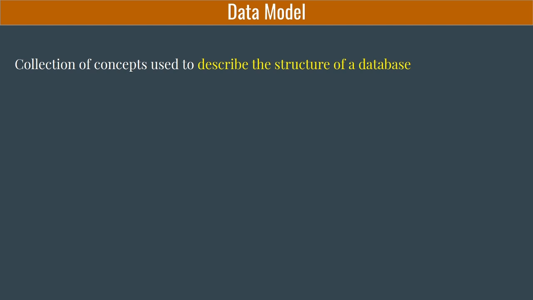So first we need to explain what is meant by the structure of a database. The structure of a database includes the data types of the data elements inside the database. For example, we have already seen the university database, in which there were 3 files.